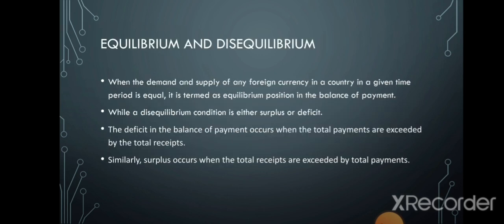And coming to the equilibrium and disequilibrium in balance of payments. What is equilibrium? It is the state of balance of payments over the relevant time period which makes it possible to sustain an open economy without severe unemployment on a continuous basis.